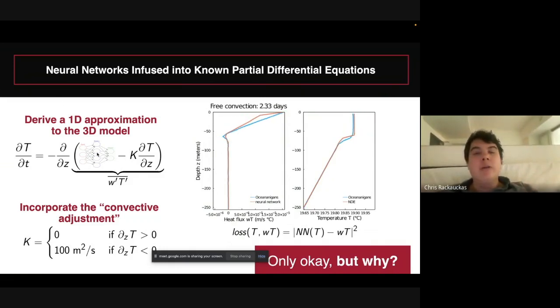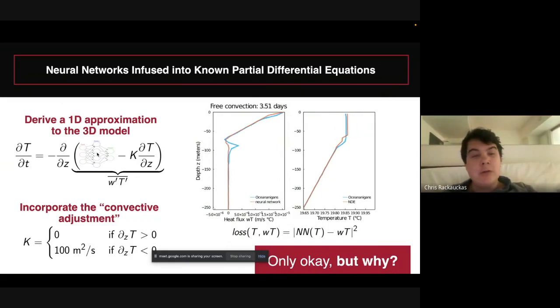Normally what you do is what you call the convective adjustment, which is this equation without the neural network. You may call the higher order terms equal to 0, but now we're going to capture those higher order terms with this neural network. There's one way you can fit this without having a simulator in the loop at all.